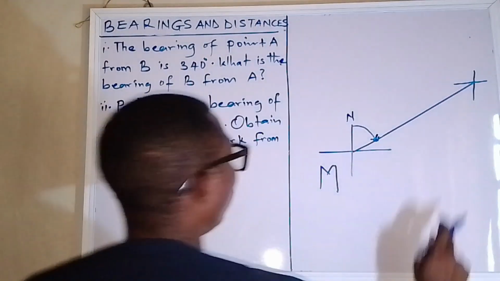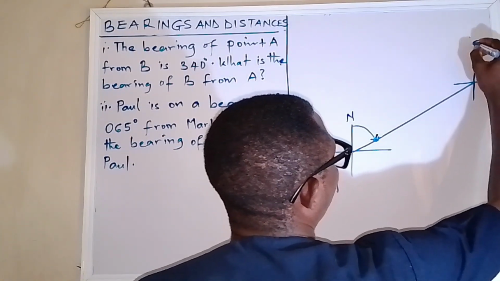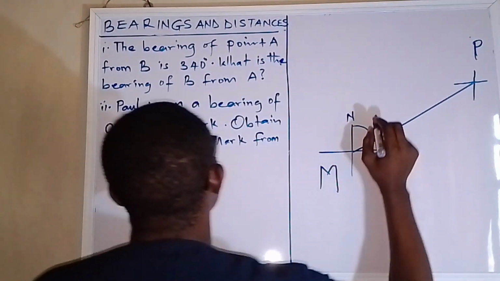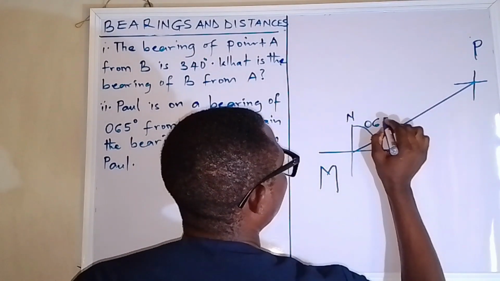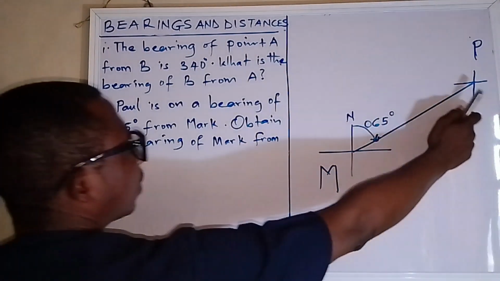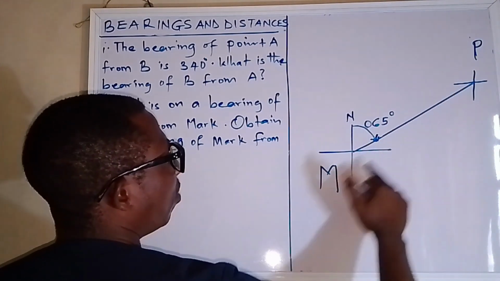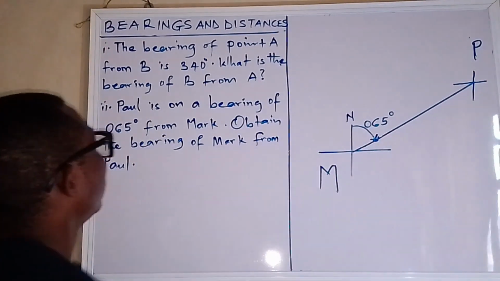So Paul will be here. This is the position of Paul. So this is 65 degrees. So Paul is here because the bearing of Paul from Mark is 65 degrees.